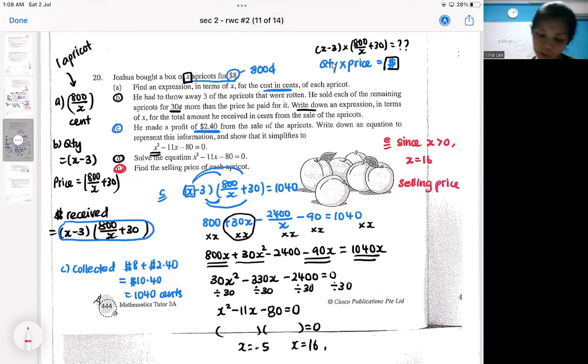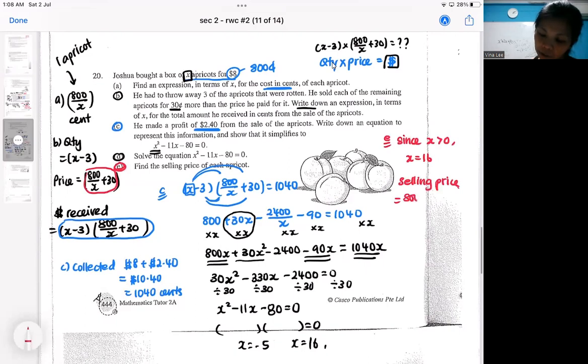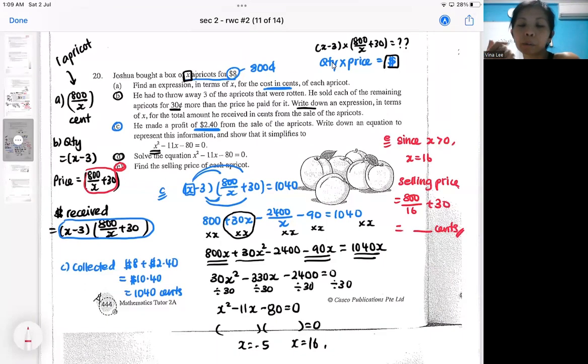So the selling price will be 800 over 16 plus 30. You always have to explain which value of x you will need. And whatever they are asking you will be found in the previous part of the question. You just have to make sure you relate, see it as a whole question. Every part should flow to help each other.